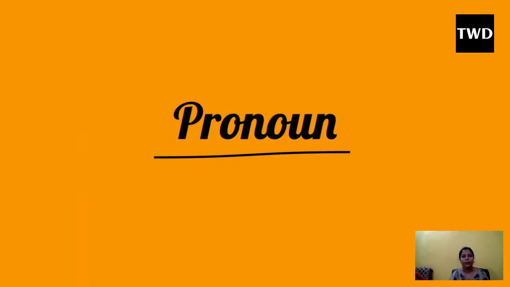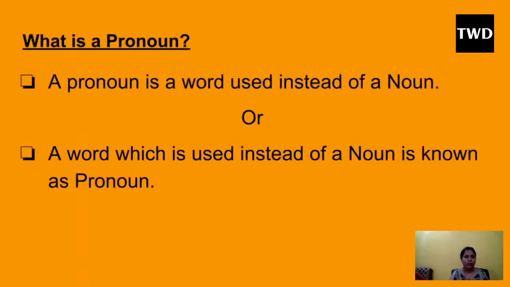Yes, I repeat once again, pronouns are the words which we use instead of nouns. Yes, so here is the definition. A pronoun is a word used instead of a noun, or a word which is used instead of a noun is known as pronoun.